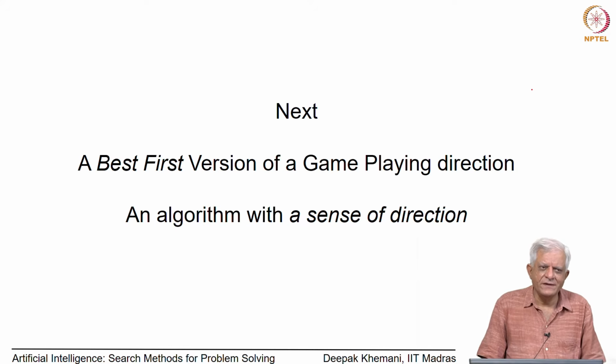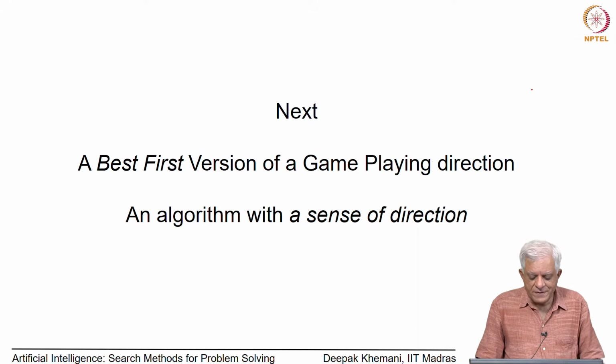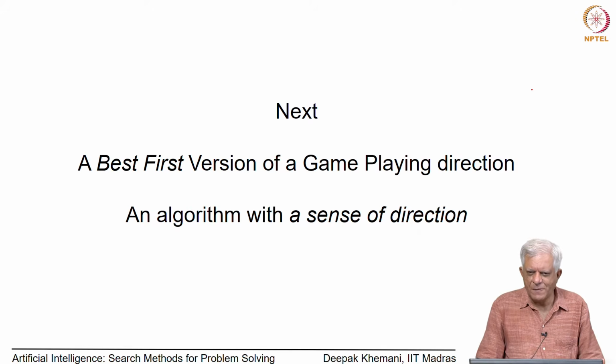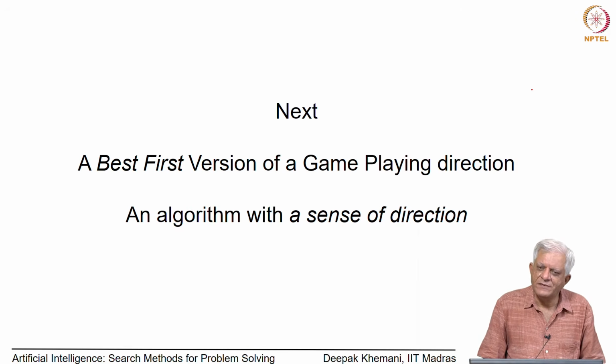Then we had said that our interest is in looking at an algorithm which is a best first version of game playing. If you remember, when we were looking at basic search, the idea of best first search or heuristic search was that of all the options available, you should choose that which seems to be the most promising in some way, so that an algorithm has a sense of direction.